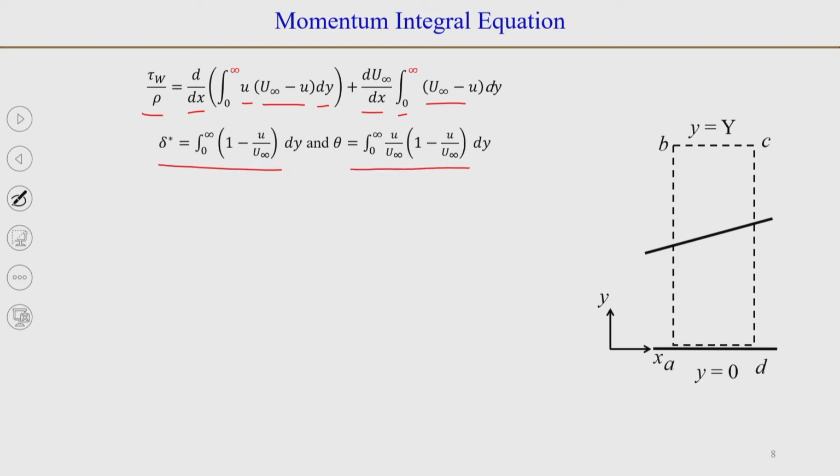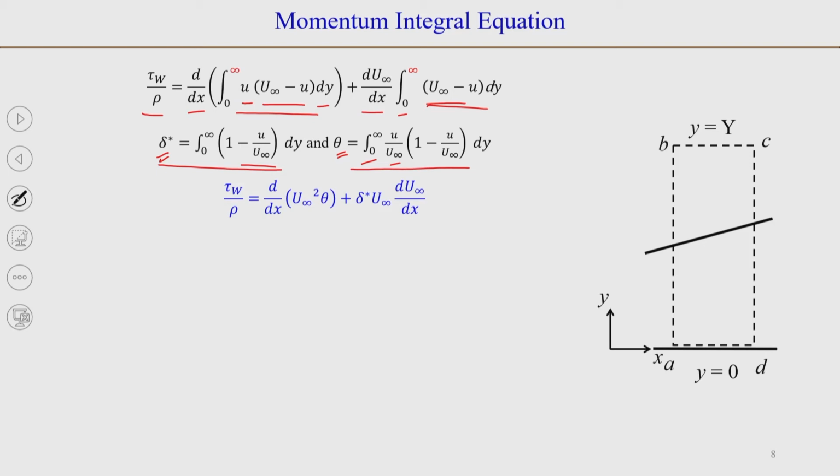Momentum thickness is the integral 0 to infinity of u by u infinity into 1 minus u by u infinity. If you simplify it, it will be u into u infinity minus u divided by u infinity, so this term is basically theta into u infinity squared. Similarly, the term u infinity minus u dy integral 0 to infinity is basically delta star, the displacement thickness, into u infinity.